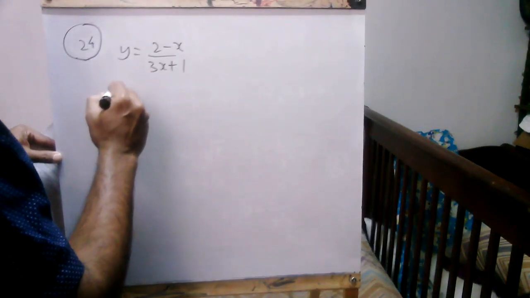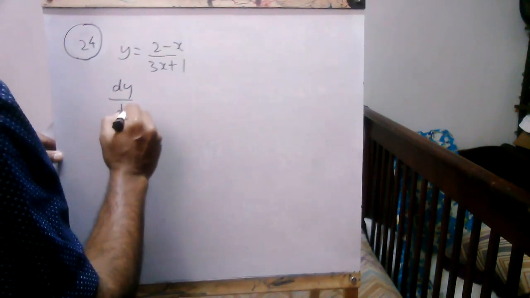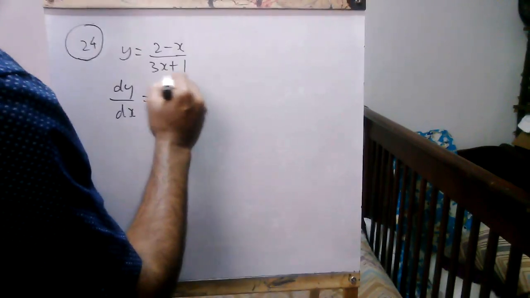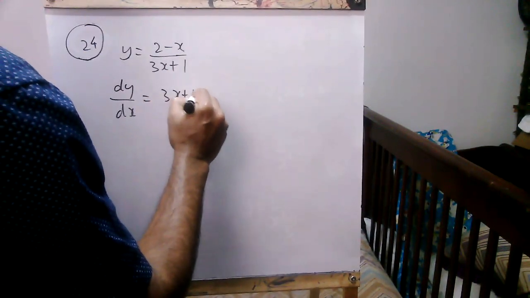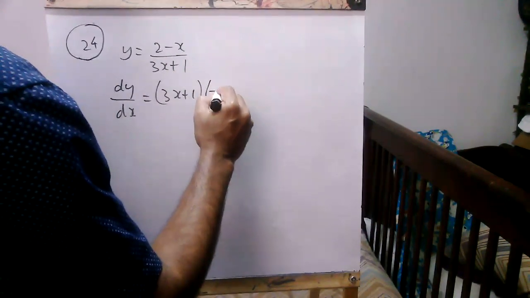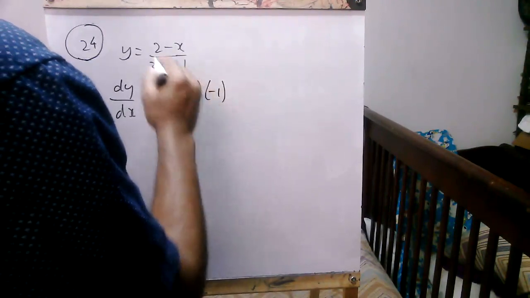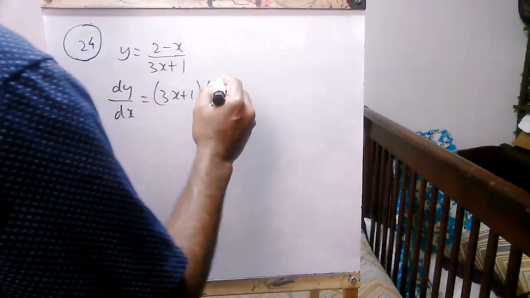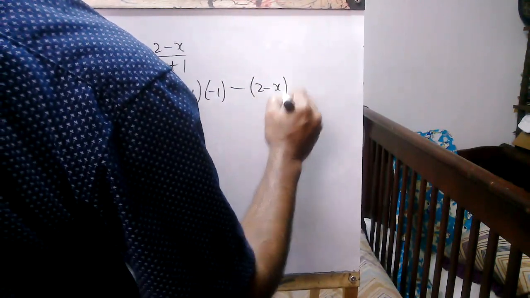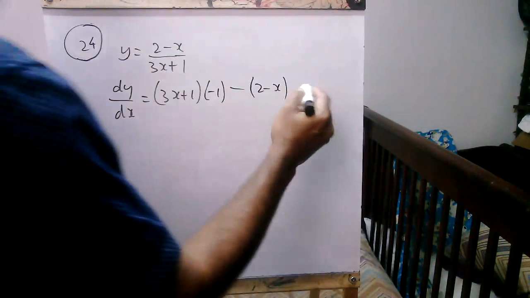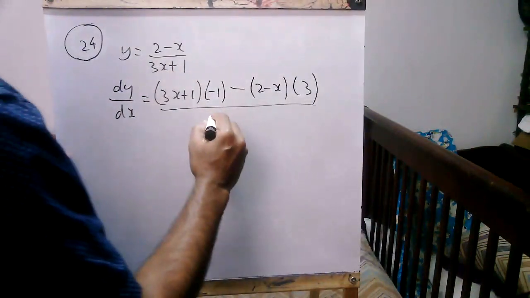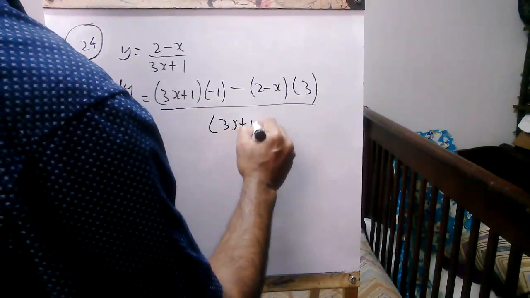Straightforward question. dy/dx is a quotient, so we have to use the quotient rule. It equals 3x plus 1 times the derivative of the numerator, which is -1, minus the numerator 2 minus x times the derivative of the denominator, which is 3, divided by the denominator square, 3x plus 1 square.